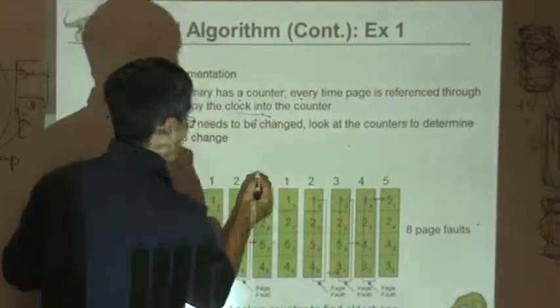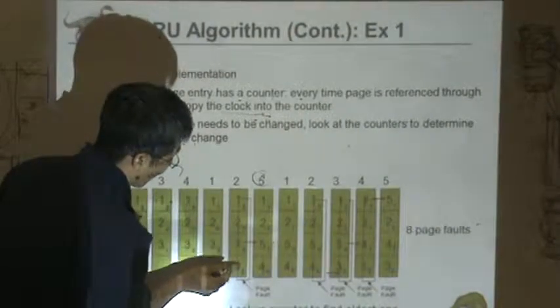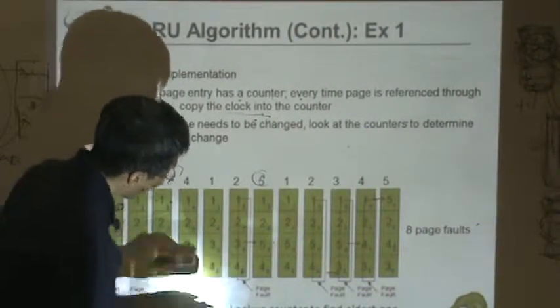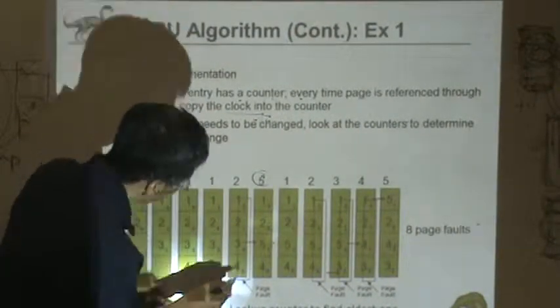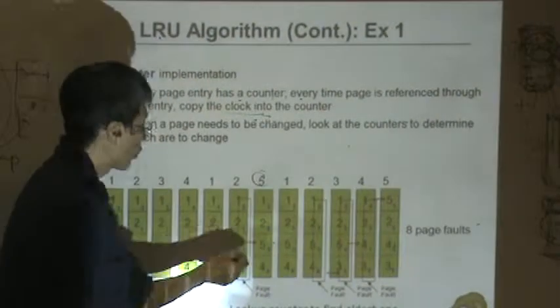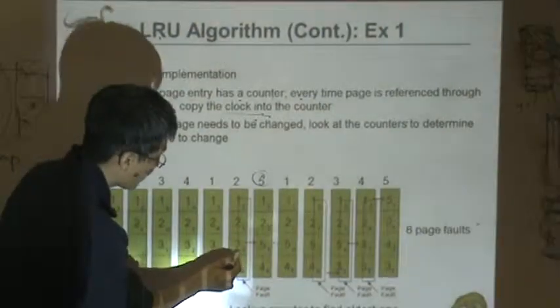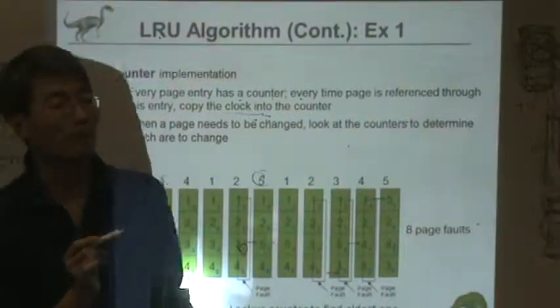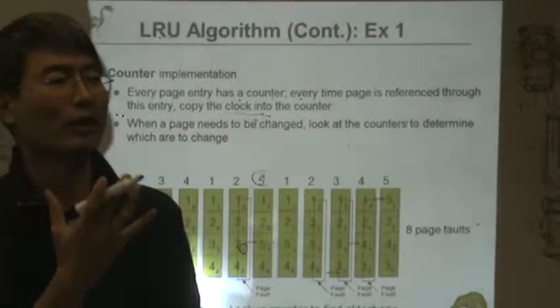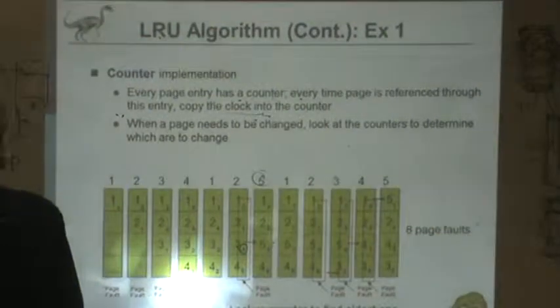Page 4 is here. So you can take a look at the counter. Which one is the oldest one, the least recently used one? The highest counter. So you don't have to check back through all of this, you just look at the counter information. But you need additional space. You can save time, but you need the additional space.